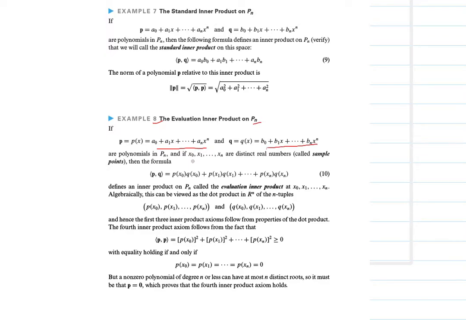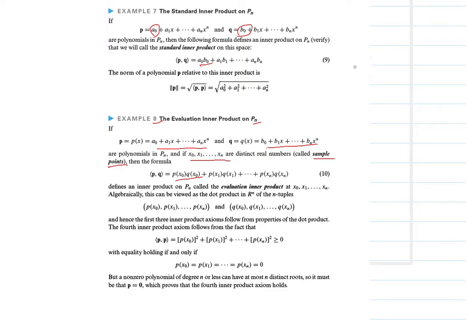And consider x0, x1 etc. xn to be any n distinct real numbers, and they are called sample points. Now we define inner product p,q as p(x0) q(x0). Earlier what we did was multiply a0 and b0 for the first element. Here it is not done like that. How is it done here?